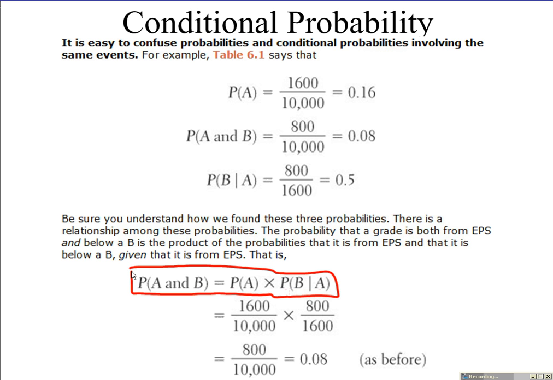Remember, if the events are independent, then this probability right here just simply becomes that, if events A and B are independent. Because the probability of B happening, given that A has already happened, well, if they're independent, it doesn't matter.